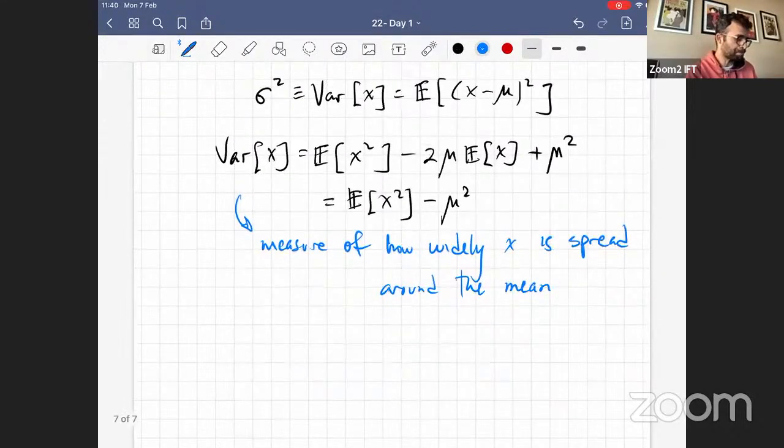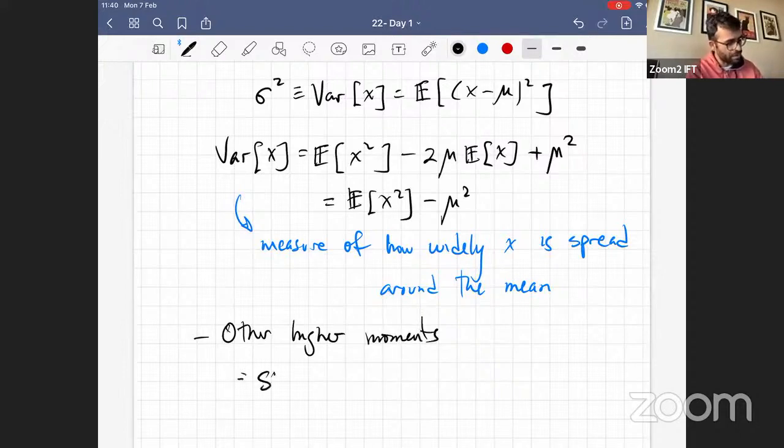Okay. So this is the variance, and then let me give you two more properties, other higher moments that you may use at some point.